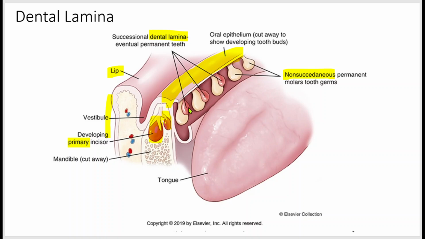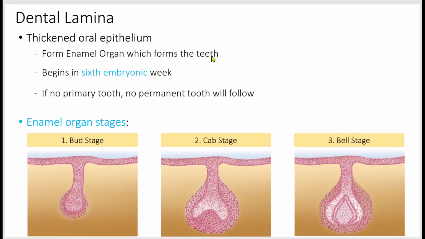Okay, and then these would form in different shapes and different stages that we'll talk about, and then they will start erupting up. But that's technically the whole picture. At the same time, the dental lamina would have another part of it. So you have this part, and then another part that will form the vestibule. I think this is a good overview of what we're going to talk about generally.